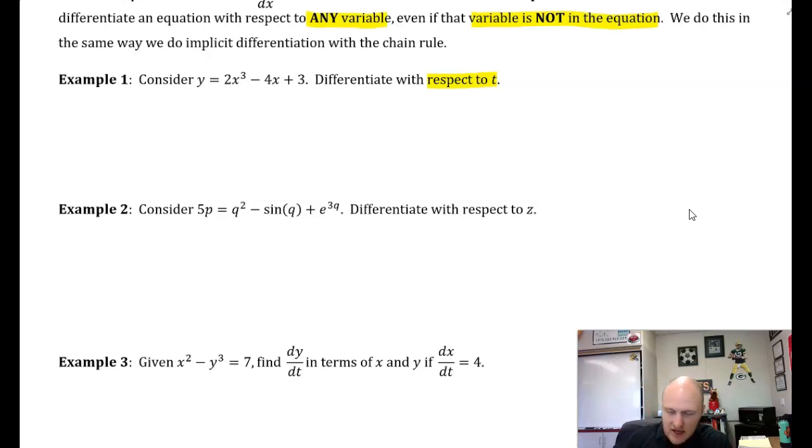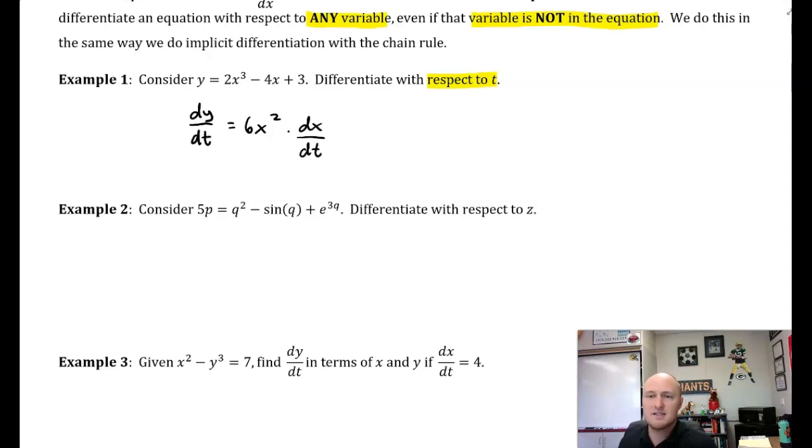Every time I take a derivative, if it's not t, I have to multiply by the derivative of that variable with respect to t. So for example, the derivative of y is 1 times the derivative of y with respect to t, so dy dt. That's just the chain rule. The derivative of 2x cubed is 6x squared times the derivative of x with respect to t, so dx dt.